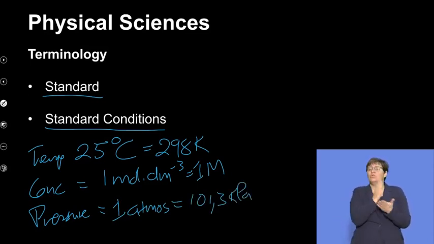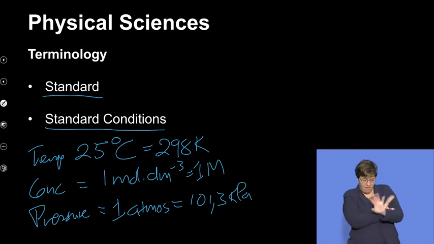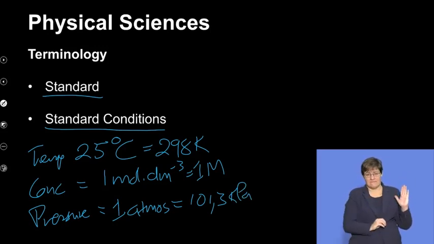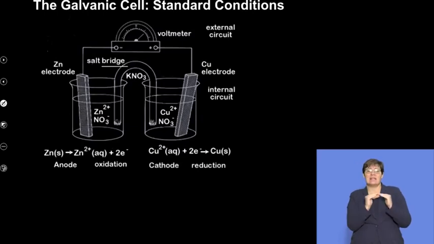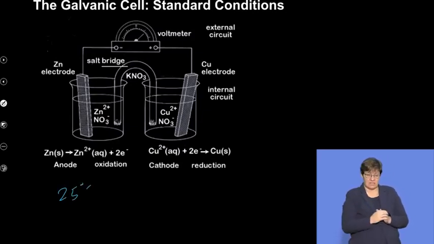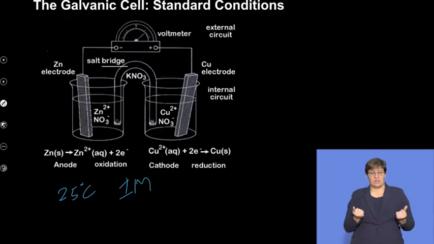And we make sure that we've got that all very clear as we look at our standard conditions over here. There would be a standard condition of 25 degrees Celsius, and the other standard condition is each of these solutions must be 1 molar. Okay, there's no gases here.